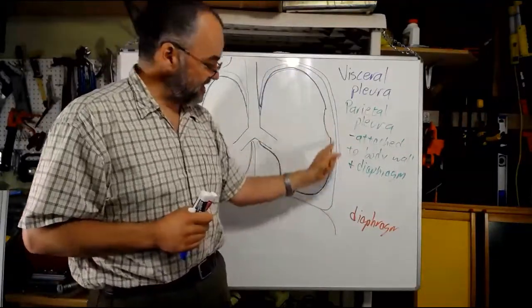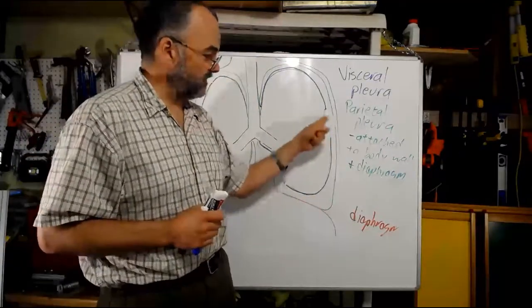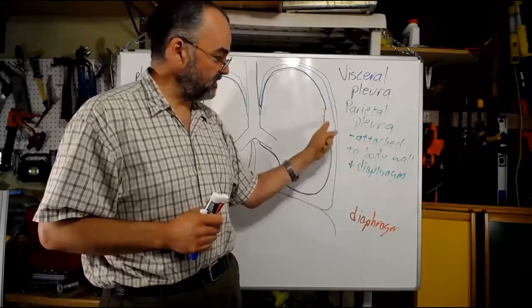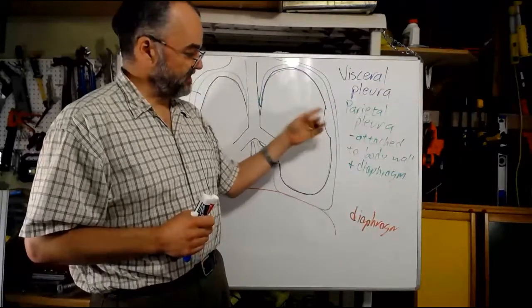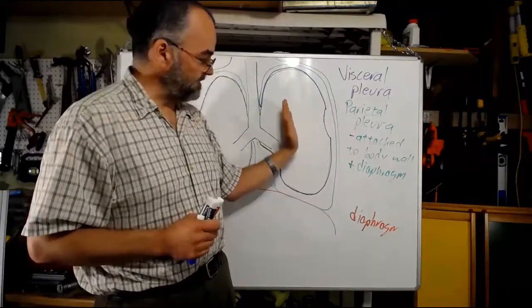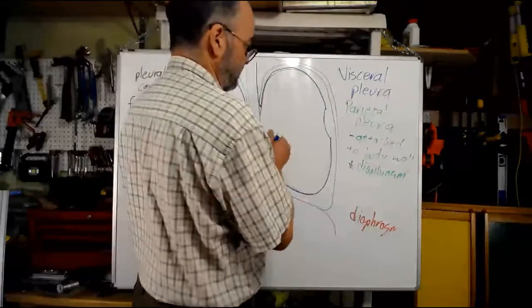This is all a sealed cavity filled with a certain amount of pleural fluid. So there's no way to put anything extra in here, which means as this pulls away, we've created a space of low pressure. Now I've got low pressure in here, but I've got atmospheric pressure in the alveoli pushing outward, which means that's going to stick those pleura together.